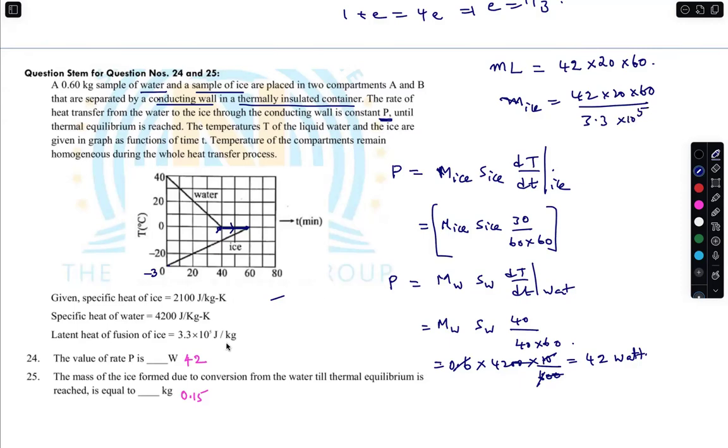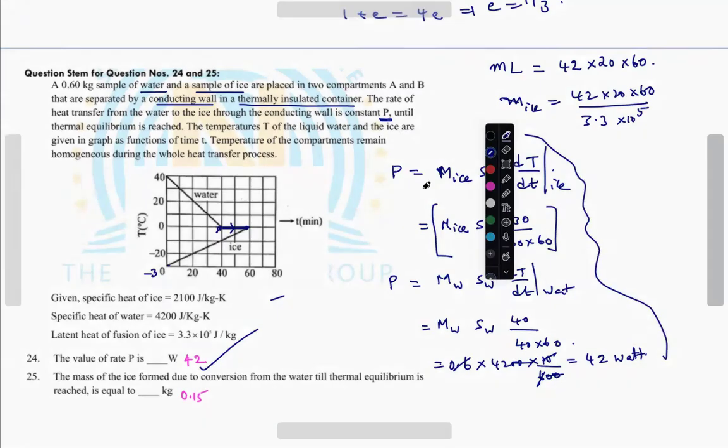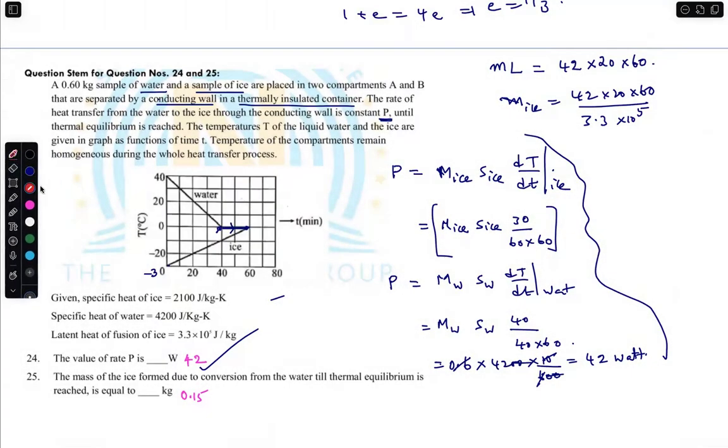In the entire part, the toughest part is the calculation. Else, this is fine. 42 into 12 by 3.3 into 10 to the power of -3. That's the deal.